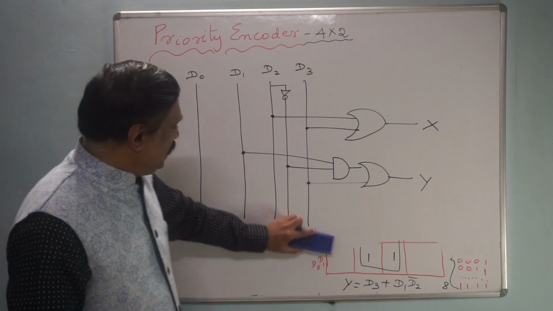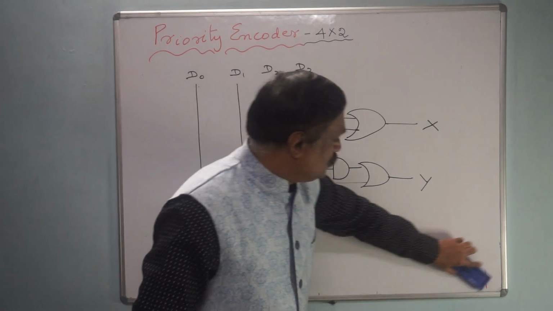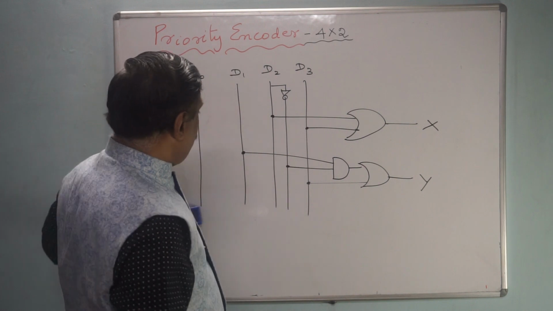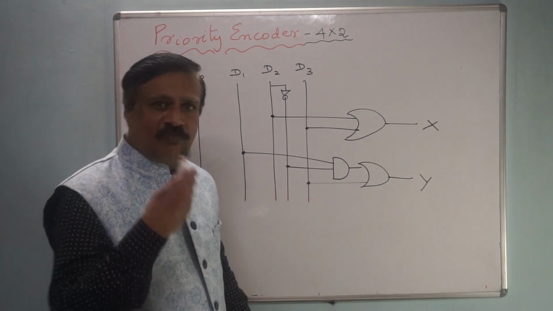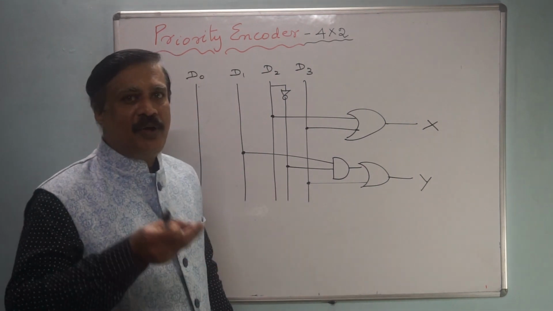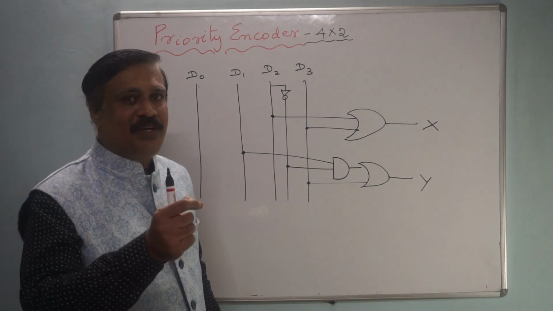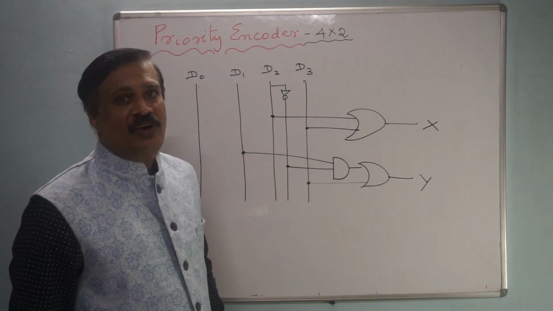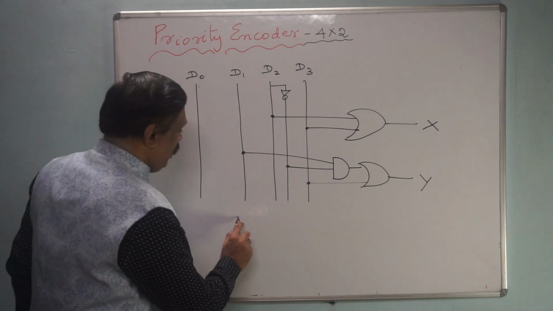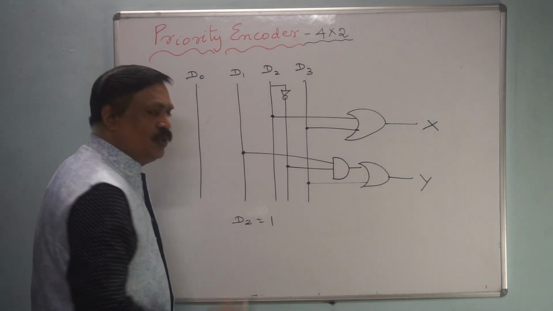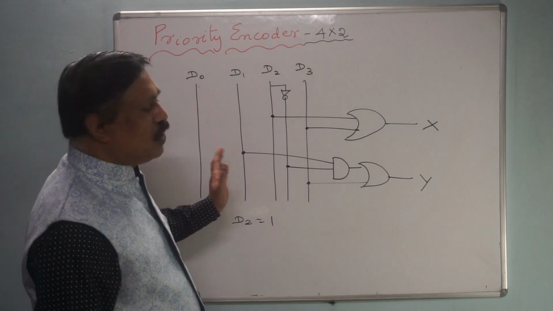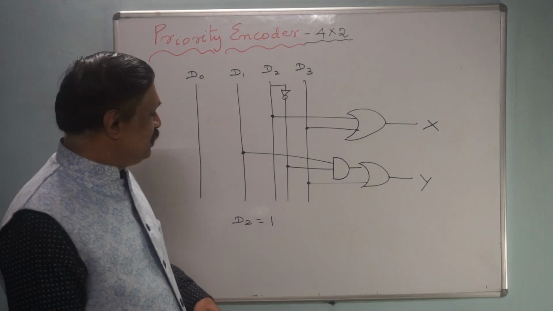Now, how to check this? I told you it will give the maximum value only. That is, priority is given for the maximum value. Now you check for D2. D2 equal to 1 means all others will be 0, as per the table.